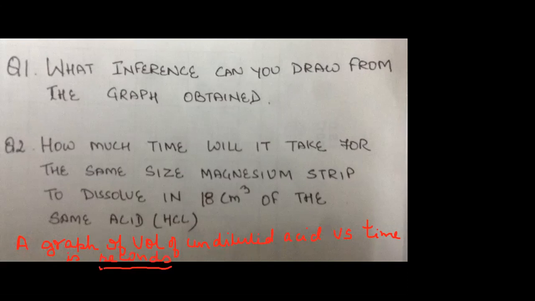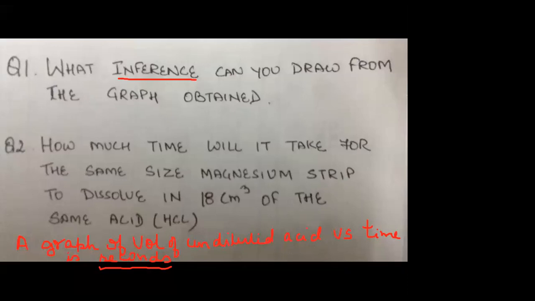The inference that you are going to take here is going to be from the graph that you will be plotting from the results. So what will be the inference? That the rate of reaction actually decreases with the decrease in concentration.